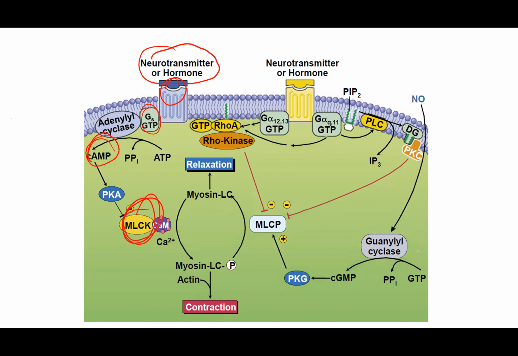Cyclic AMP activates protein kinase A, which phosphorylates the enzyme itself. When this enzyme is phosphorylated, it's inhibited, or less active with calcium and calmodulin. This means the contraction of the smooth muscle is less, because it doesn't work on the myosin head. That's all.